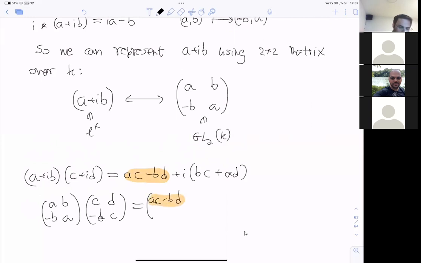This is the element E always represents the element without the I. And now we will have AD plus BC. And the same thing here, we will have minus BC minus AD.